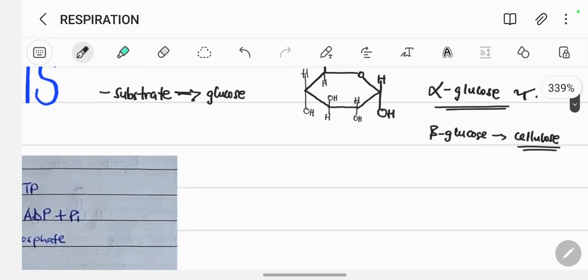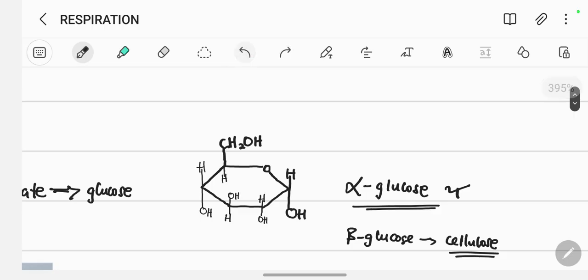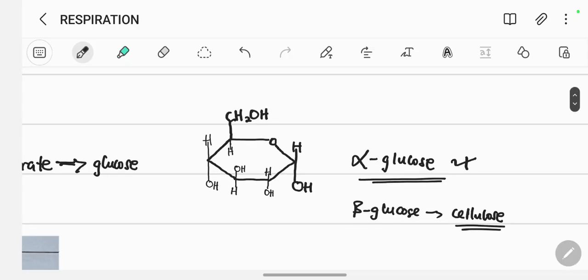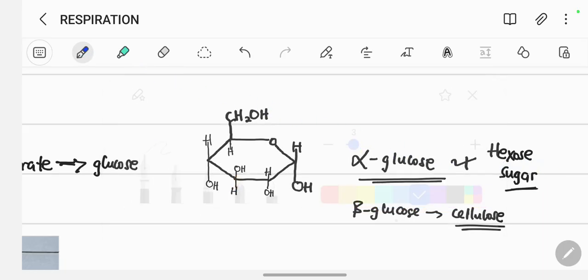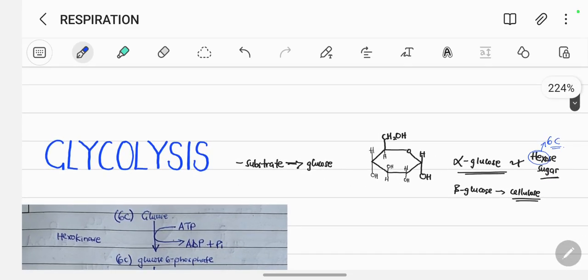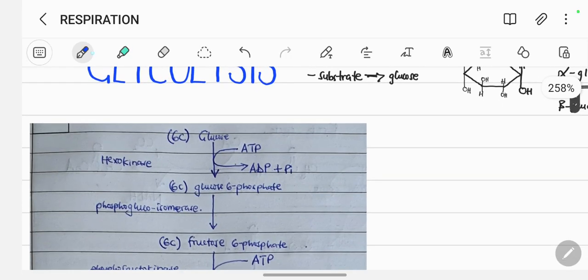So you find out that this alpha glucose is a hexose sugar, from our chemicals of life. It means that this glucose has 6 carbon atoms.